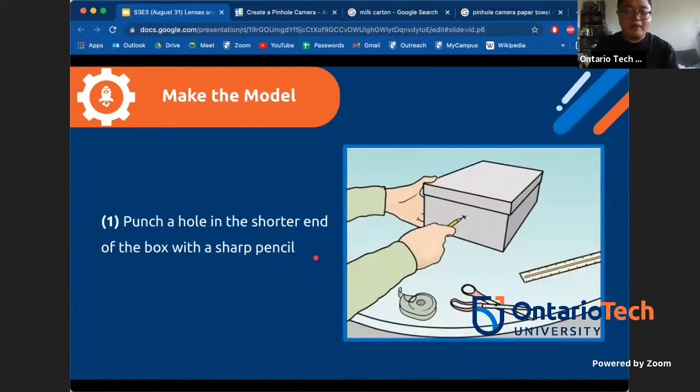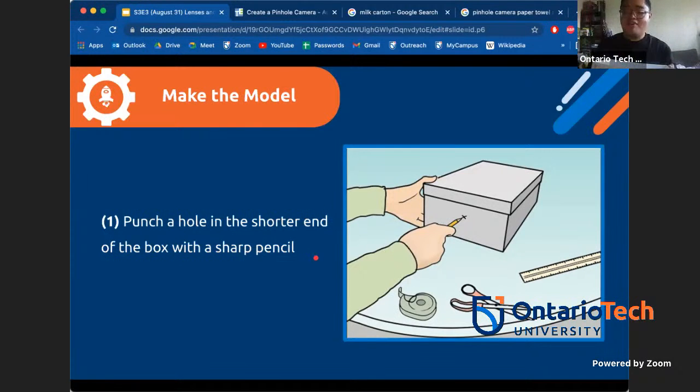Okay, I'll maybe start off with making the model itself. If people are still gathering materials, that's okay, but in respect of time, we'll try to get the model going. So I have my empty box over here, and I want to create one hole onto the box.